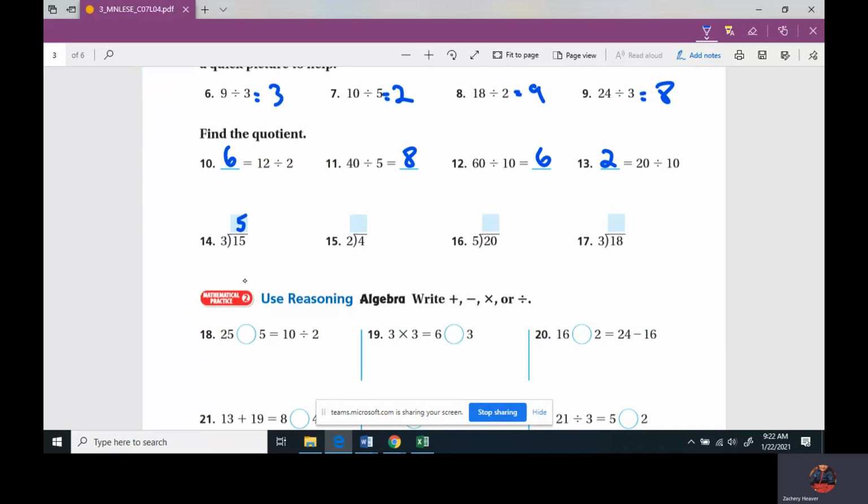Brett, 4 divided by 2. Peyton, 20 divided by 5. 4, yep. And Mason, 18 divided by 3. 6. Good deal. Make sure you guys got all the answers copied down, please.